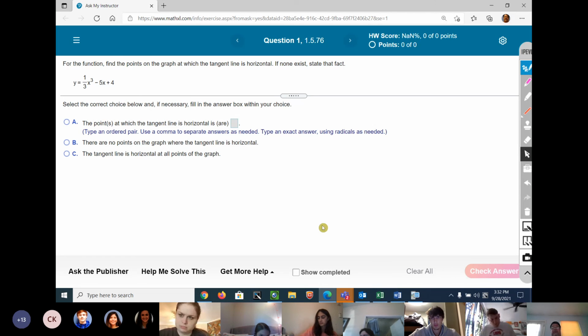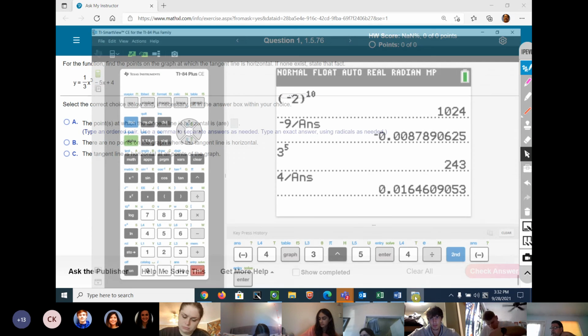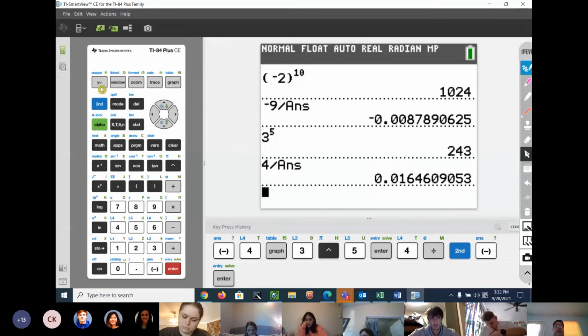You can actually take the first and second derivative and find it, but we're not there yet. First thing I'm going to do is graph this thing, because you've got to know where you're at. What does the graph look like? It's going to have a saddle because it's x to the 3rd with an x.